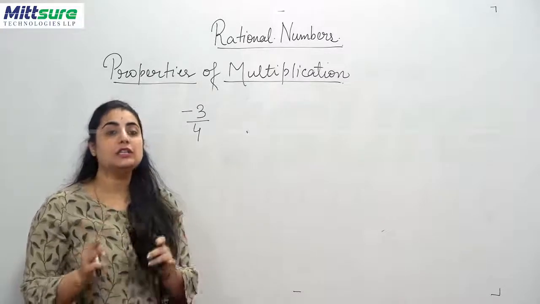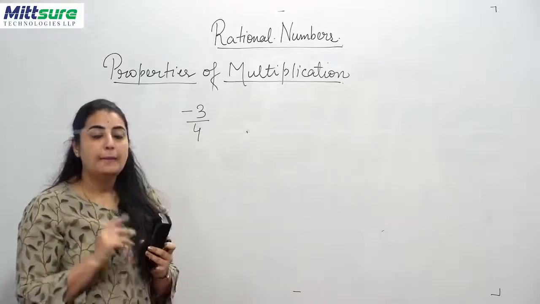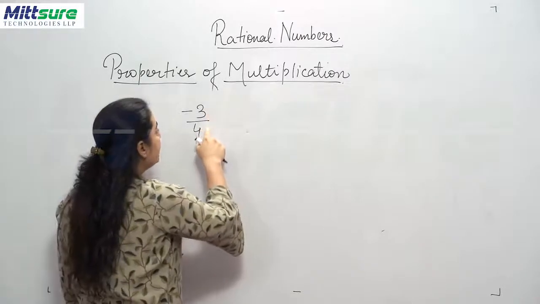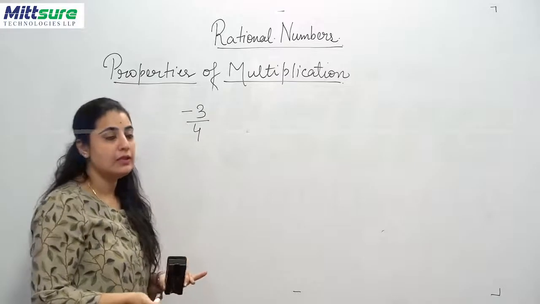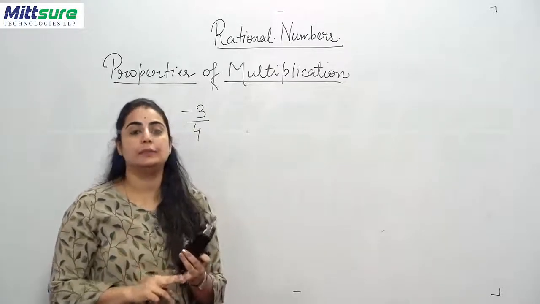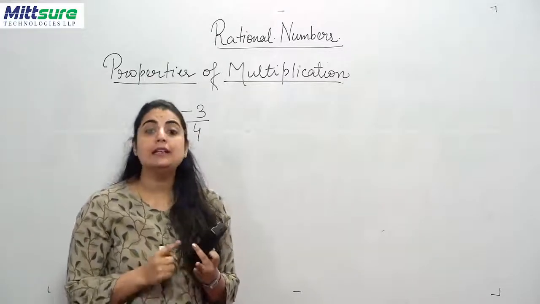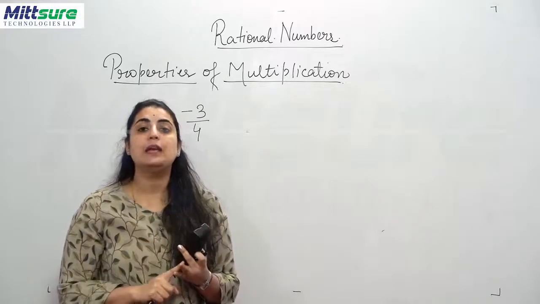Because you are changing the given rational number into its reciprocal. But it means that whenever the given rational number changes to its inverse, the product which you get after multiplying the two rational numbers, the original rational number and its inverse or reciprocal, should always be 1.